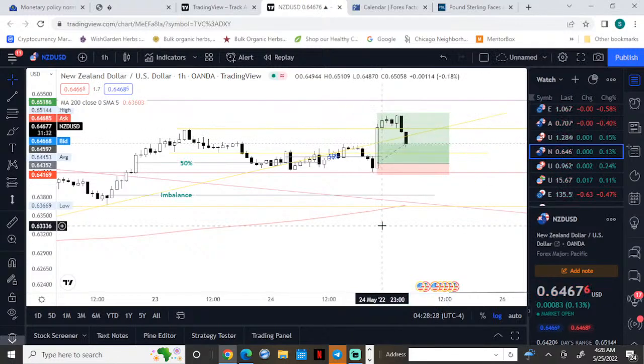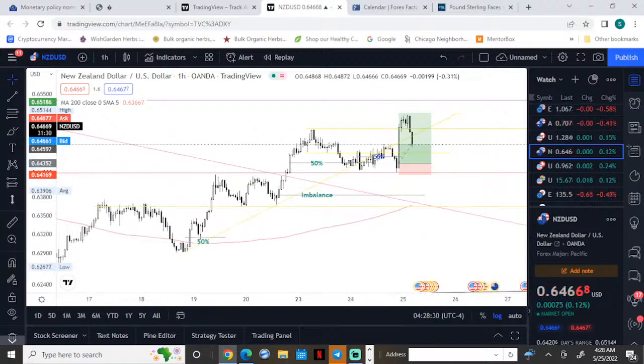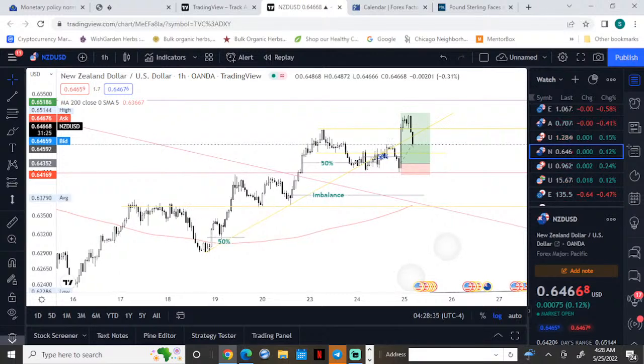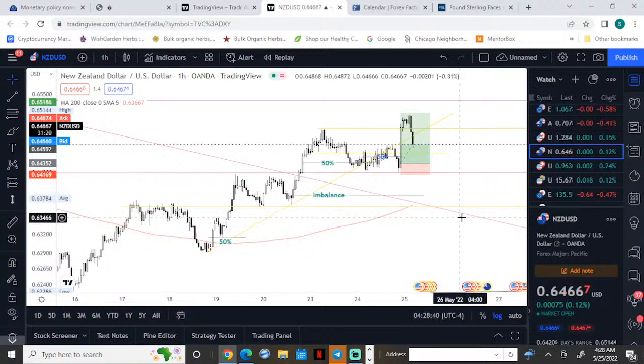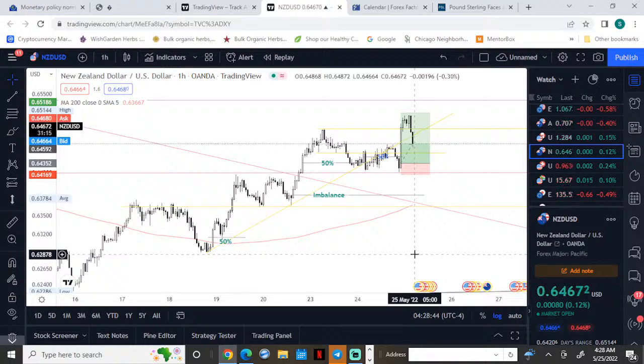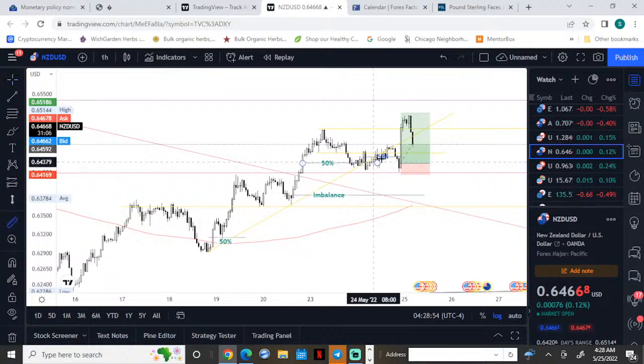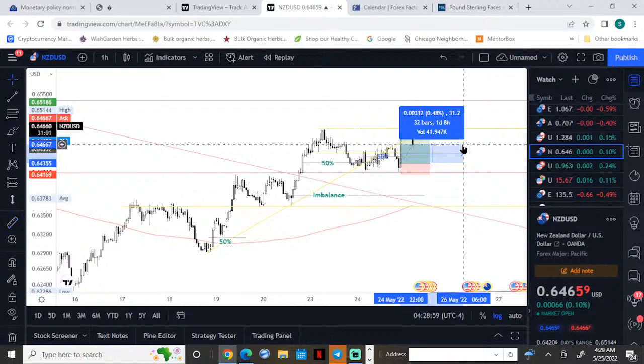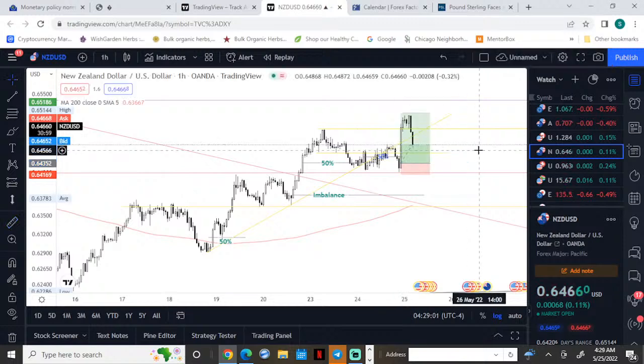I did not have a TP set for NU. Now, I took my partials. I am currently still in this trade, and my stop loss is at break even. I'm currently still up 30 pips with this drop that's going on.